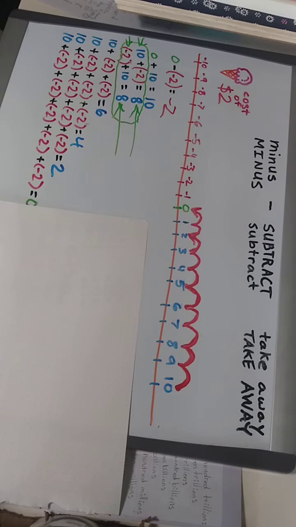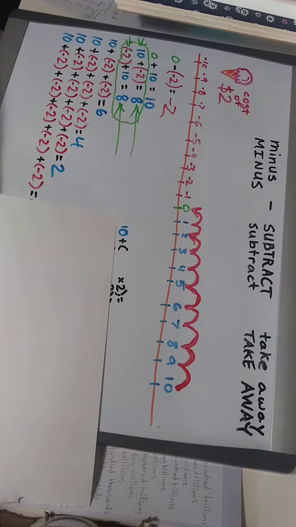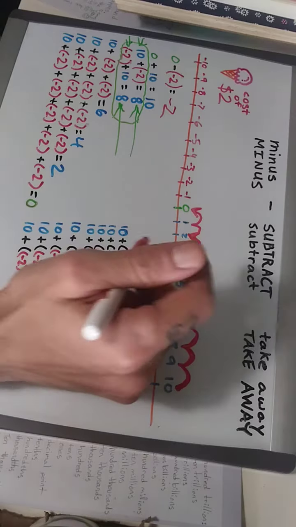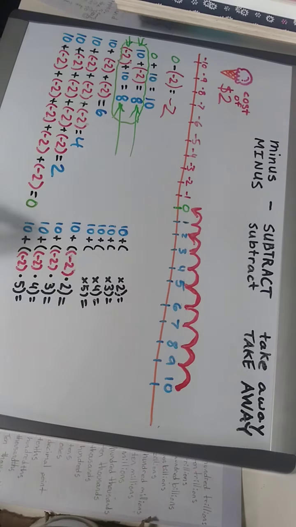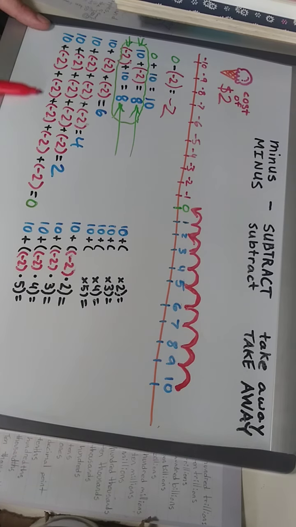Now we can even write it like this. It's short. See, you have here 10 plus negative 2 plus negative 2. Once you get up to 5 2's, it's very repetitive.